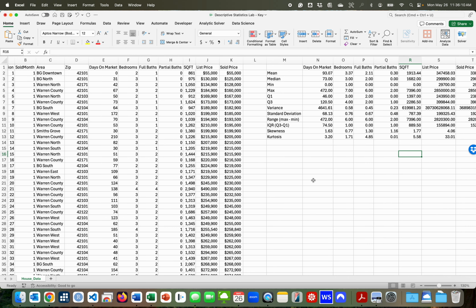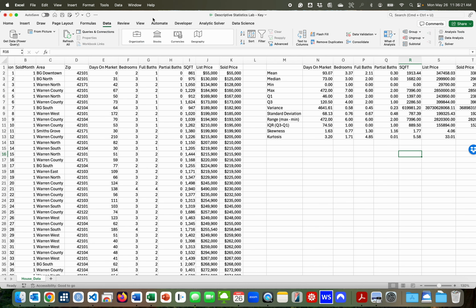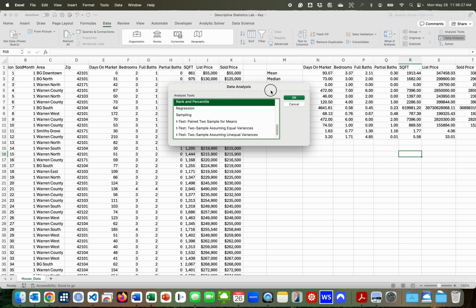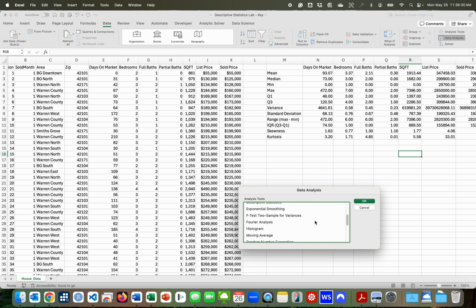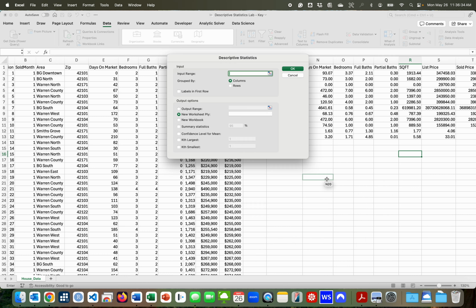The other way to do the descriptive statistics is with the Analysis ToolPak that I have a link on Blackboard for you to install, but it should be under your Data tab. So if you go to your Data tab, go to Data Analysis right here. We're going to go to Descriptive Statistics. Hit OK.